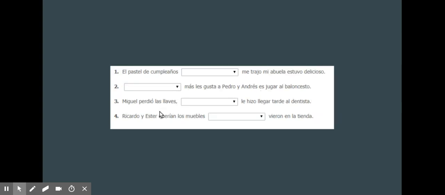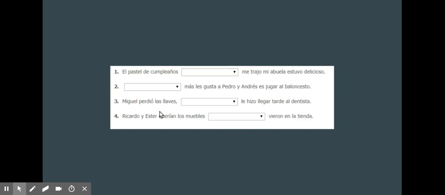Next homework assignment, the same thing. In this one, you're choosing between que or lo que. El pastel de cumpleaños, the birthday cake that my grandmother brought me was delicious. So the word that would be the relative pronoun in this case.